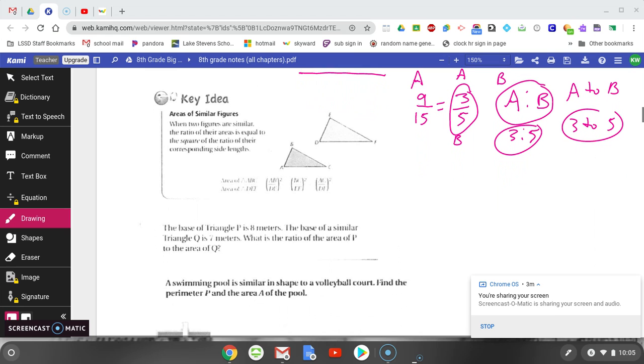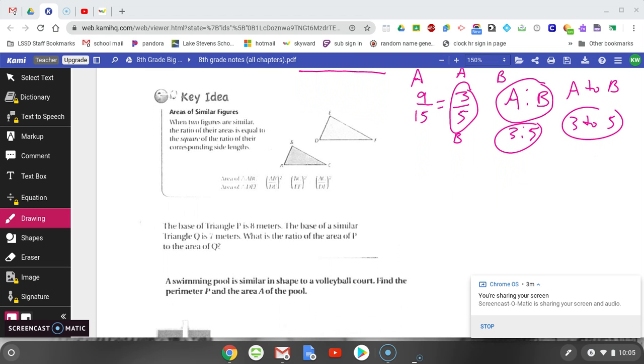So let's do an example to make sure we've got it. So it says the base of triangle P is 8. The base of a similar triangle Q is 7. What is the ratio of the area of P compared to Q? So I want to write it as P compared to Q, which means it's going to be 8 over 7.